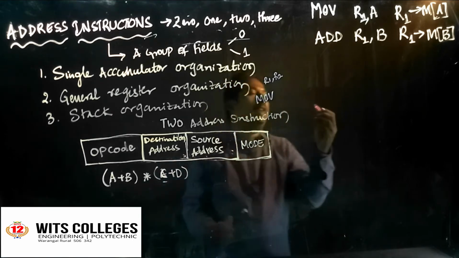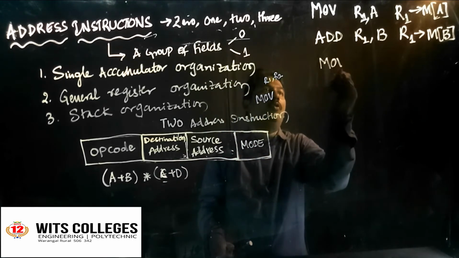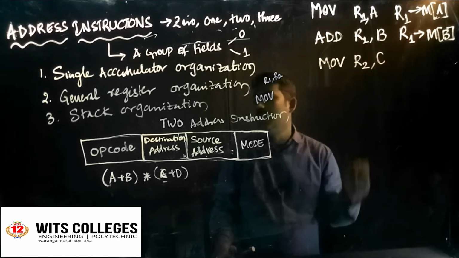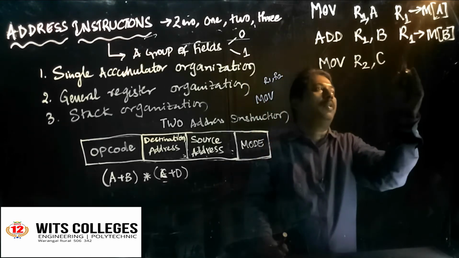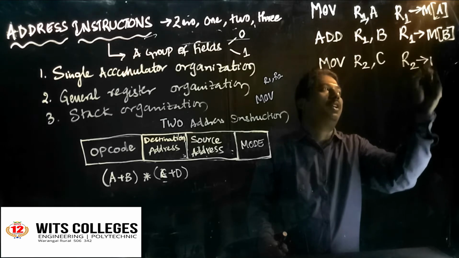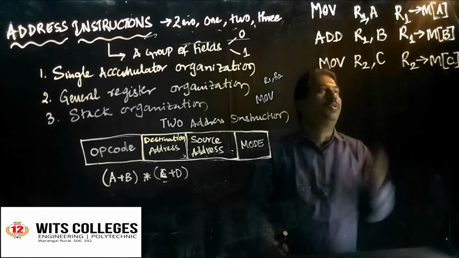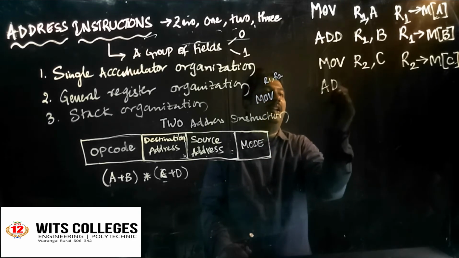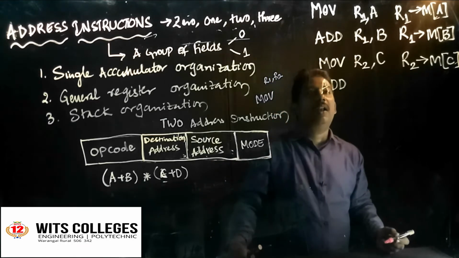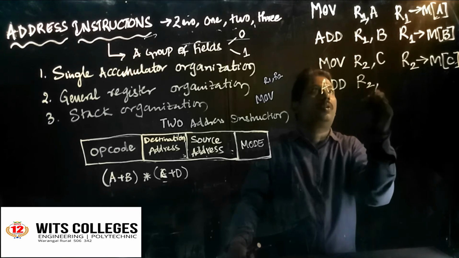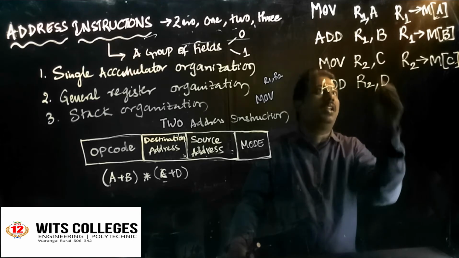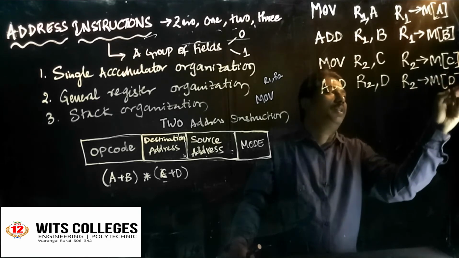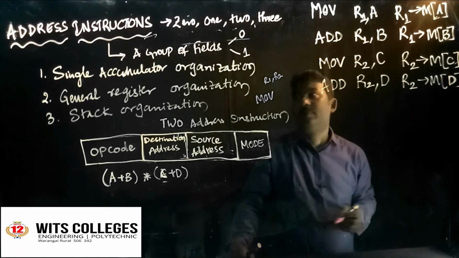Next, the same steps are repeated. MOV R2, comma C. Now we are going to use C, that is R2 stands to M of C. Next comes ADD R2, comma D. Now we are adding D instead of B, so R2 stands to R2 plus M of D.